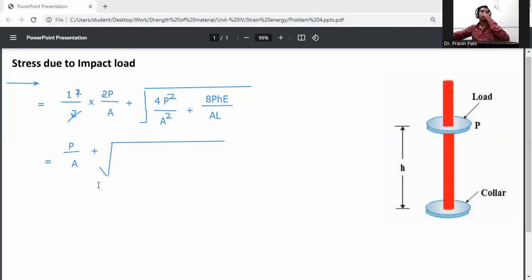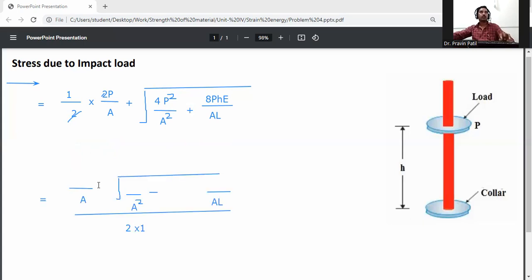How is it, just wait. Let this value become 8phe divided by al, that is 8 into l.